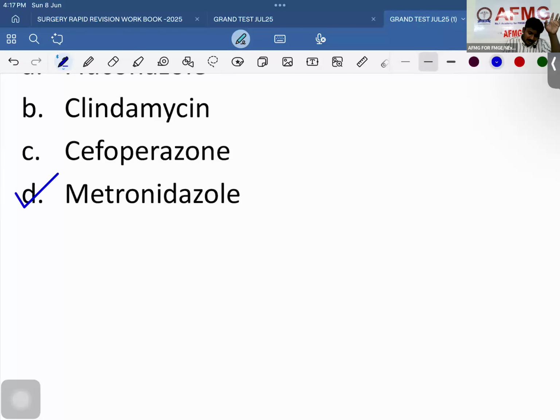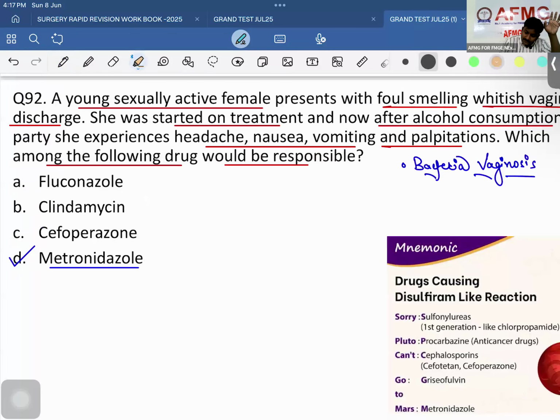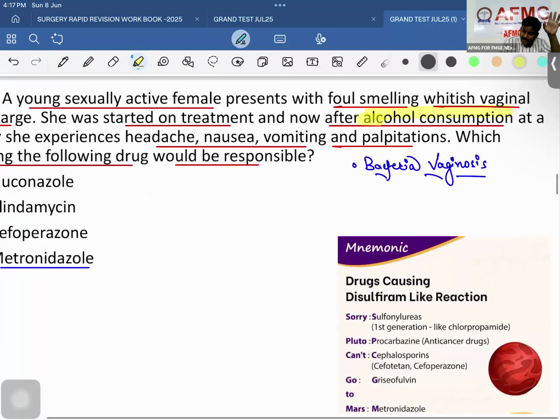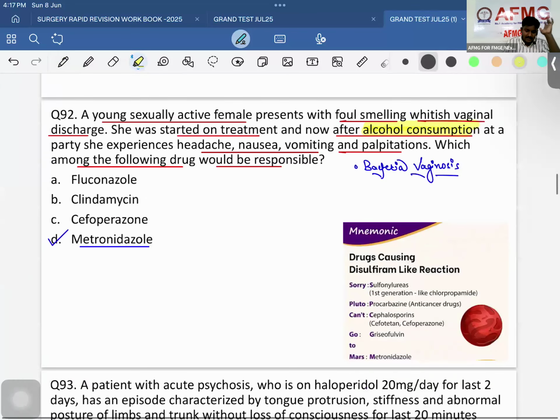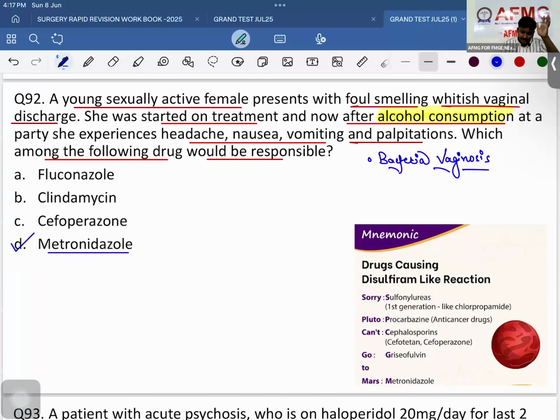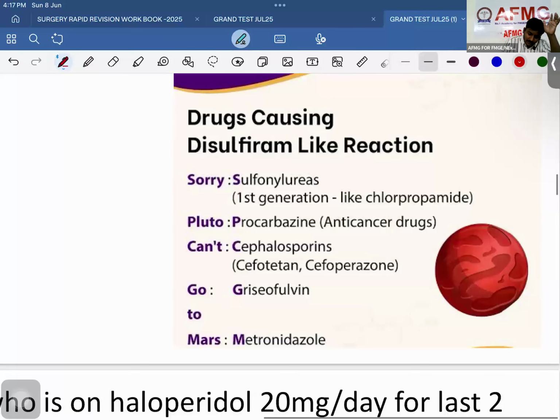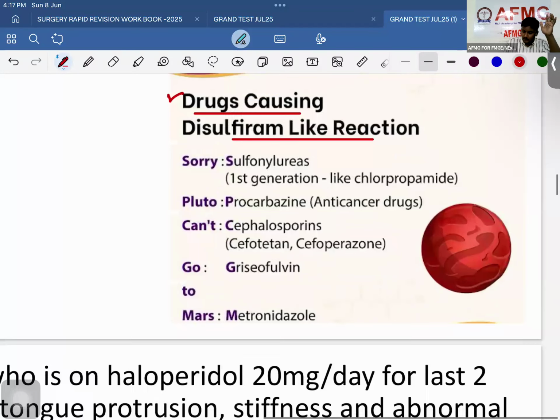And we know that if you give metronidazole to any patient, beta, and after that the patient takes alcohol, the patient will have a disulfiram-like reaction, and the disulfiram-like reaction will cause all these unpleasant symptoms. The drugs known to cause disulfiram-like reaction can be remembered by this mnemonic: Sorry, Pluto can't go to mass.